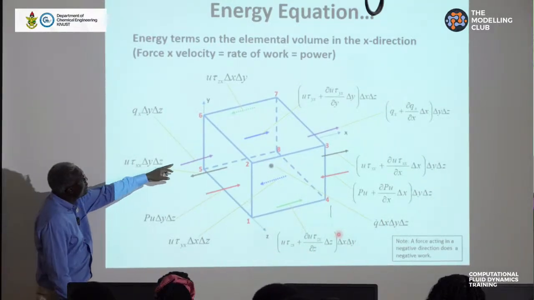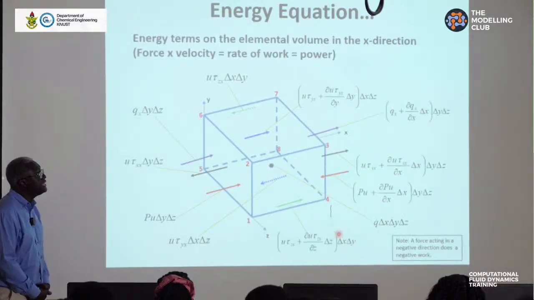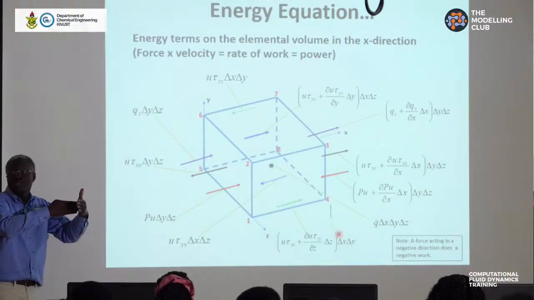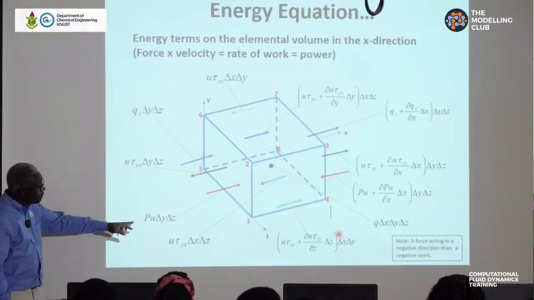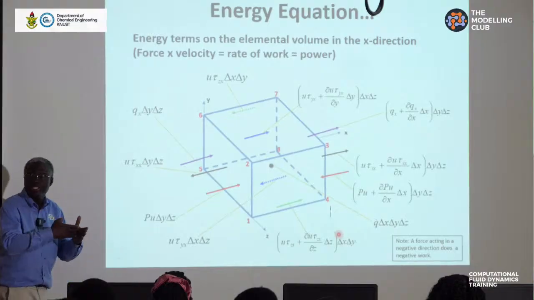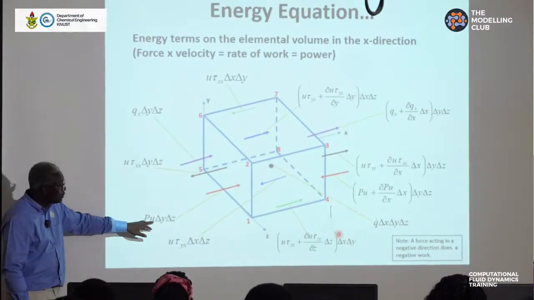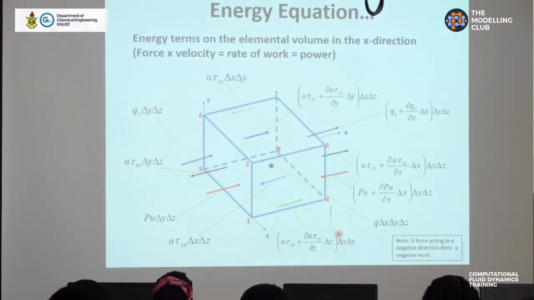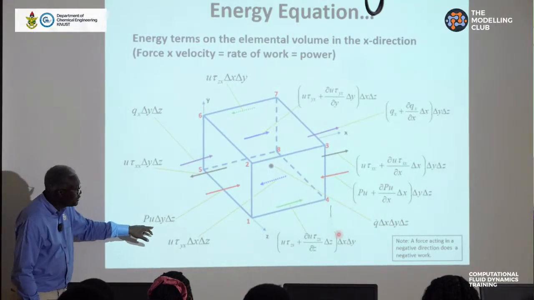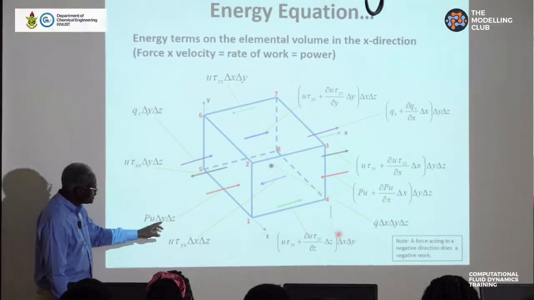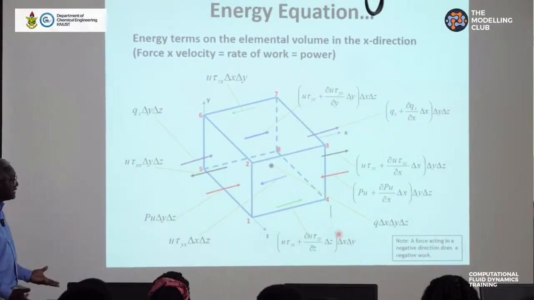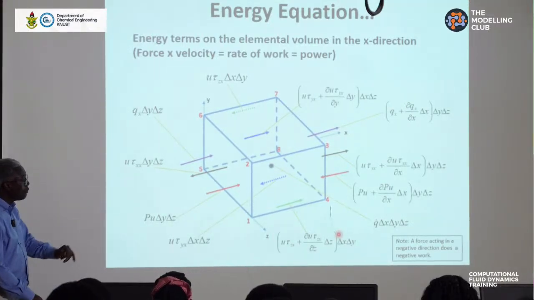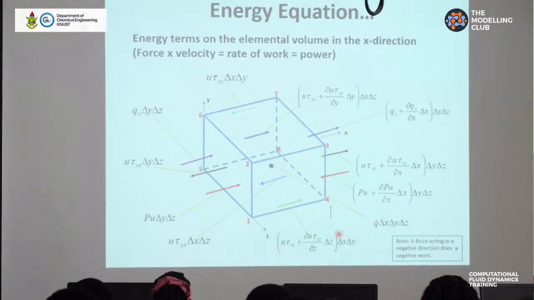And then you will also have conduction of heat into the volume through the face. Heat conduction acts normal to an area. And then you also have the pressure force tending to compress the fluid. So pressure times delta y delta z gives you the force, and then times u gives you the work done in the x direction.